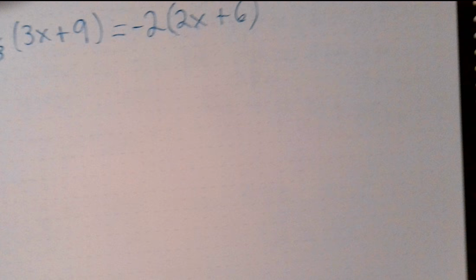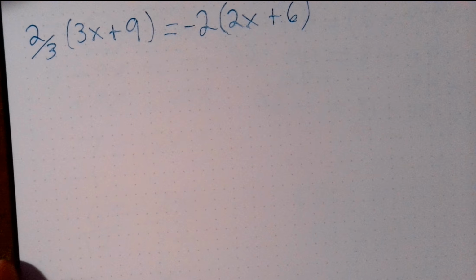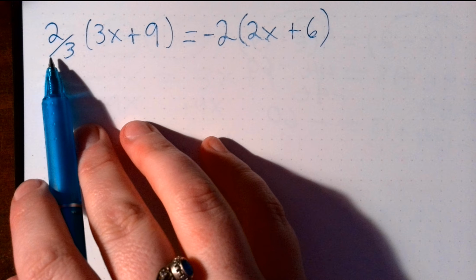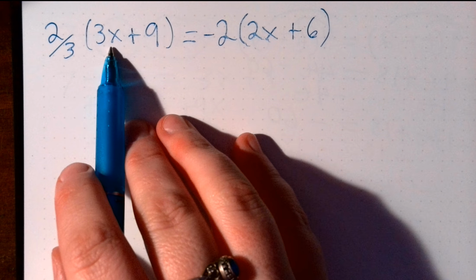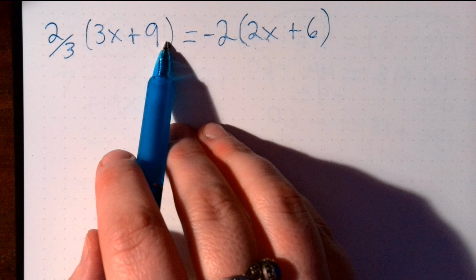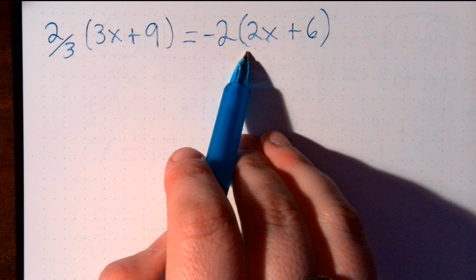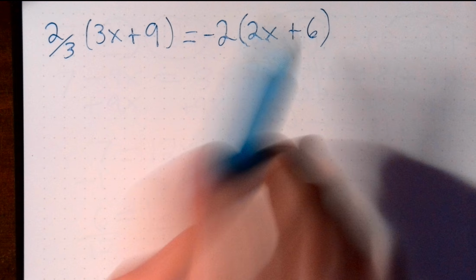All right, so let's look now at one with a fraction in it. So we're going to take 2/3 times 3x plus 9 equal to negative 2 times 2x plus 6.